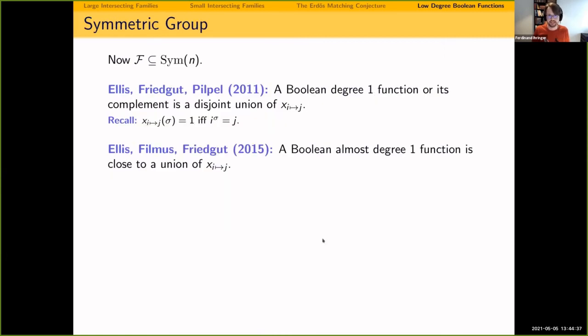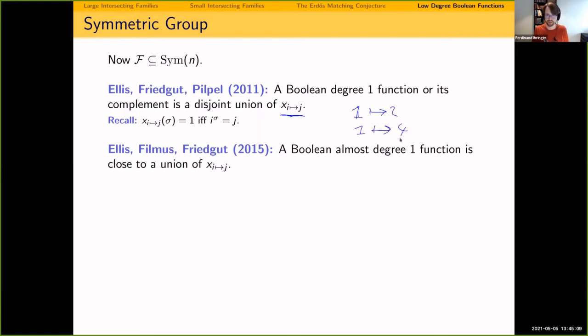Okay, now for the symmetric group, again, it's now a bit repetitive. You can do similar things. You know that for the symmetric group, Alon, Dinur, Friedgut and Sudakov did show that it's a disjoint union of all the permutations that map, so for example, you have all that map 1 to 2, and you have all that map 1 to 4.